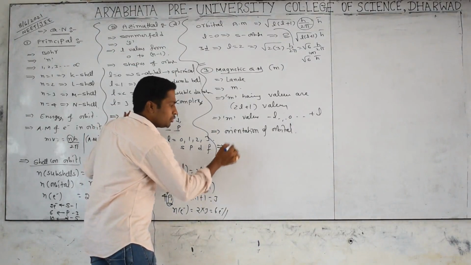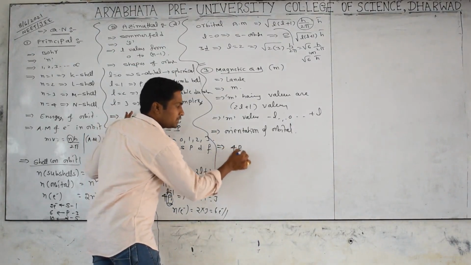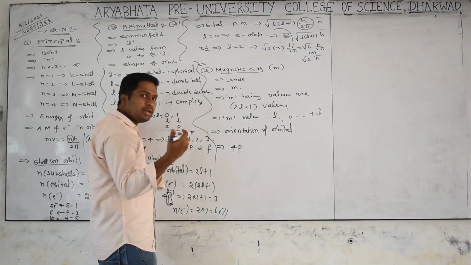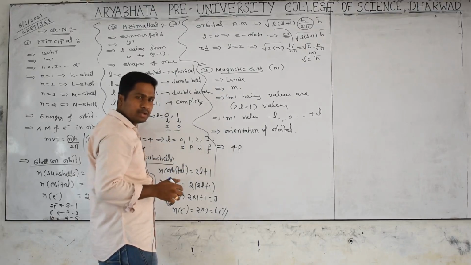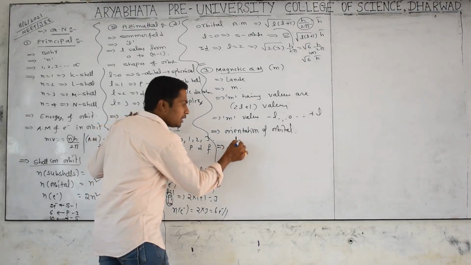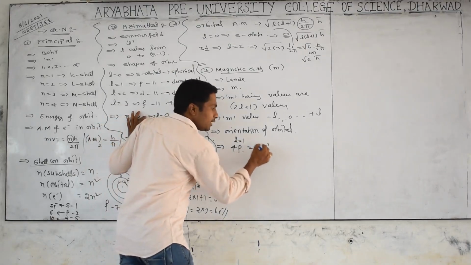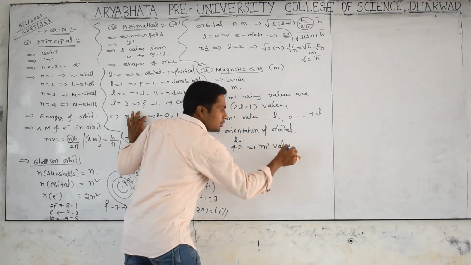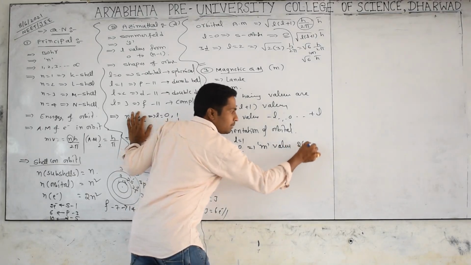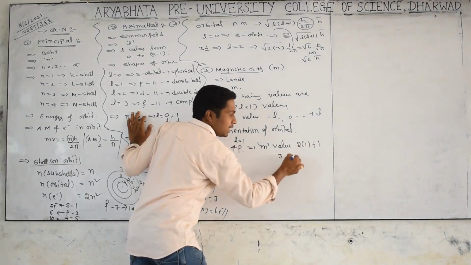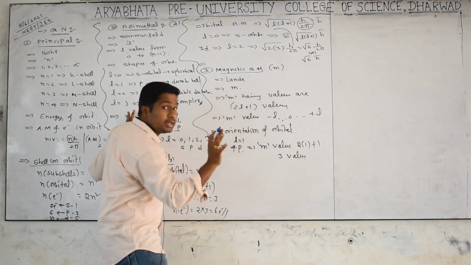Now I will tell you one important thing. For example, you have a 4p orbital. How many orientations does a p orbital have? What is the l value for a p orbital? 1. If l equals 1, how many m values are there? 2 into 1 plus 1, which is 3 values.